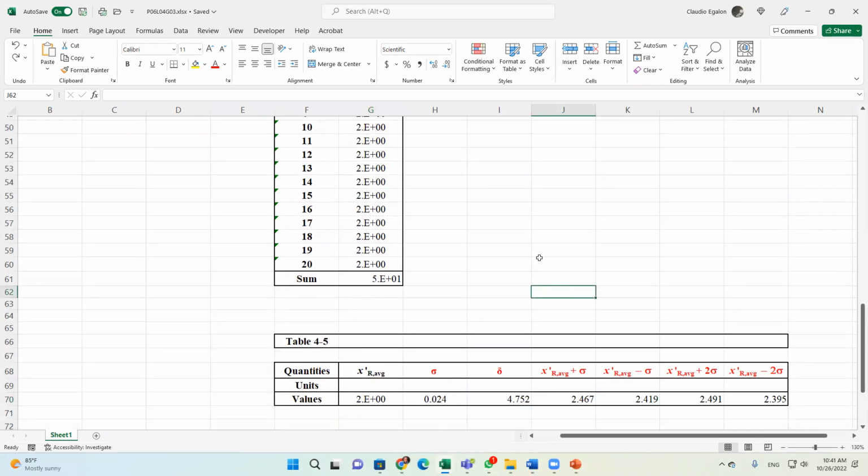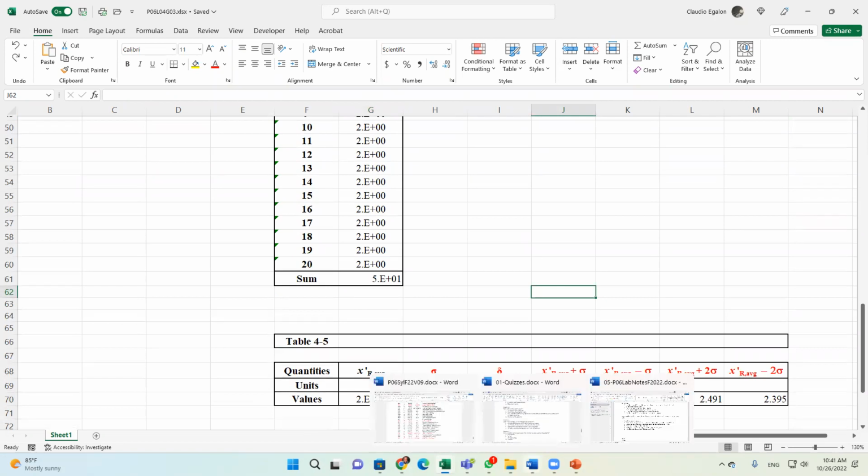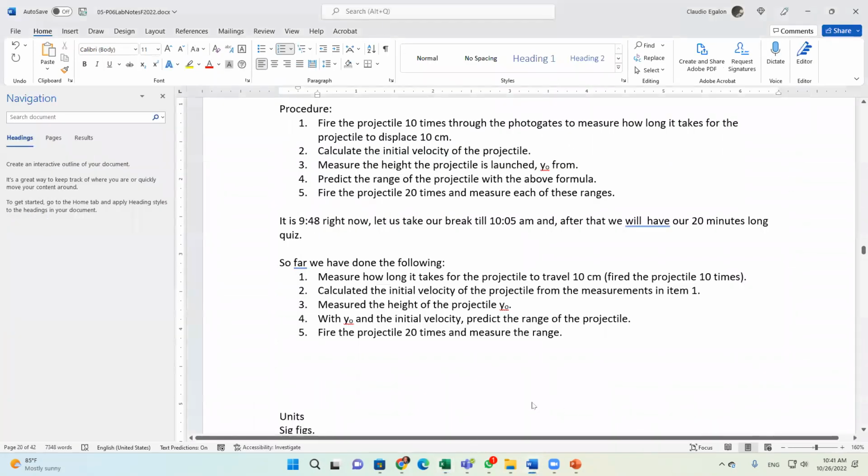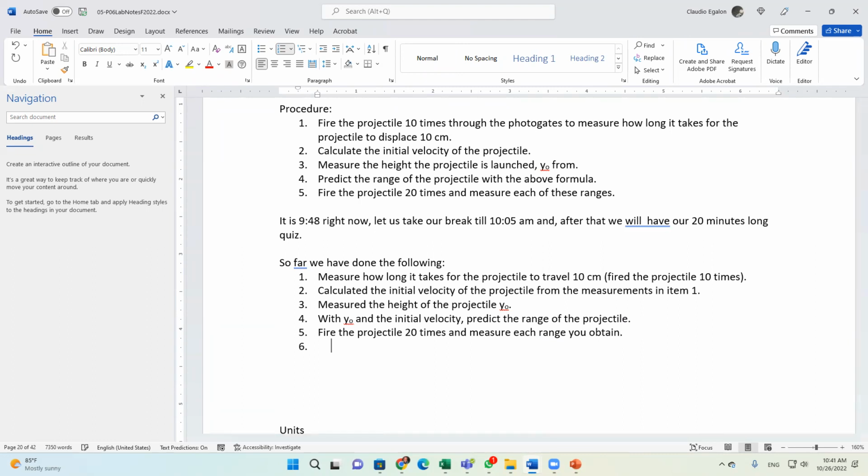What else are we doing here? There's more to it, right? We're doing something else too. Fire the projectile, measure each range you obtain. Next, you do something else.